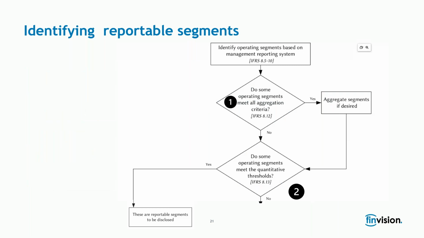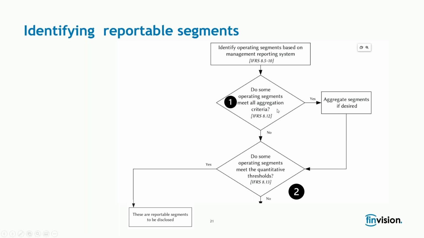So let's walk through the decision tree, and then further on we'll go back into details on a number of those steps. So first one is the different parts I just explained. You have to identify what are the operating segments based on the existing management reporting system that the CODM, Chief Operating Decision Maker, is using.